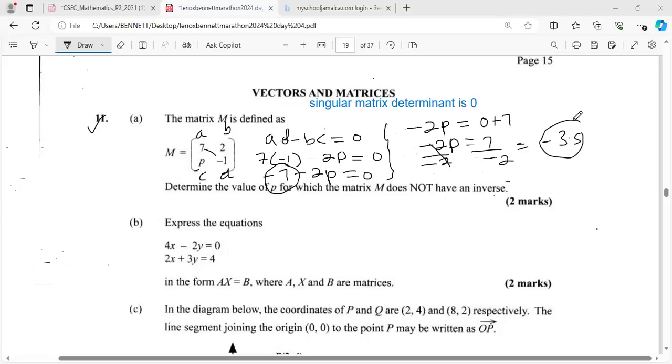So in the exam, please ensure that you do that, right? If you make a little mistake, you can figure out that you did something wrong and fix it.